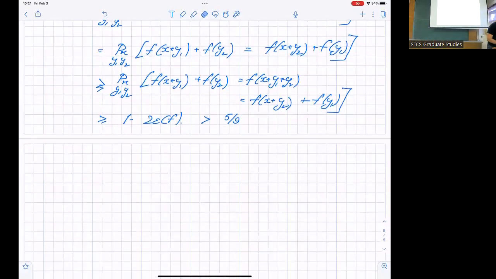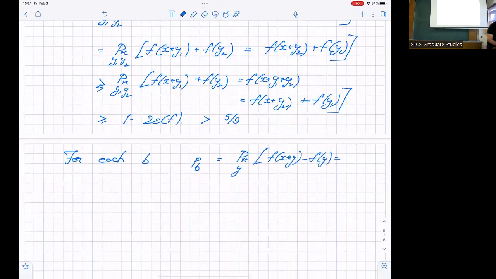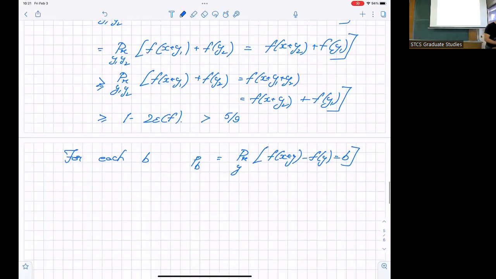For each b, let p_b be the probability over y that f of x plus y minus f of y equals b. This is the vote, the amount of times y votes for b. What do we know?